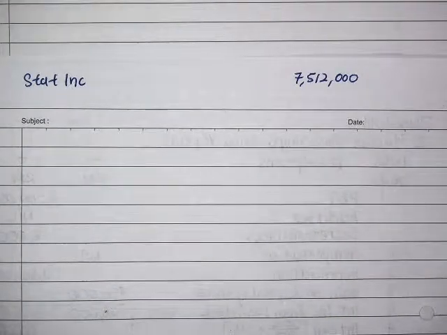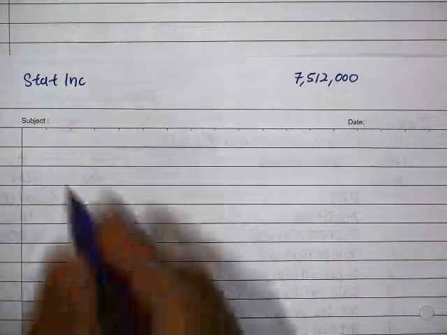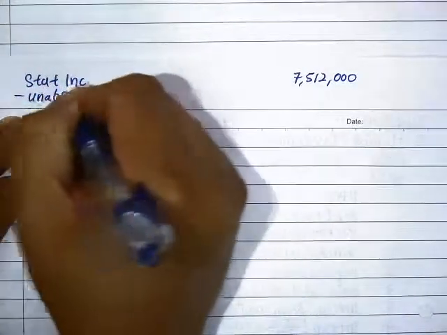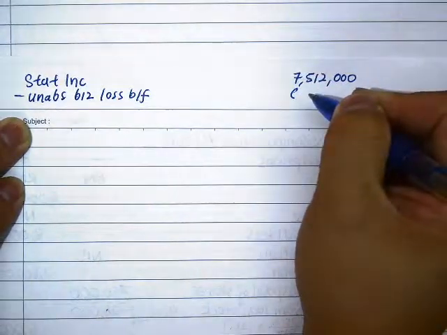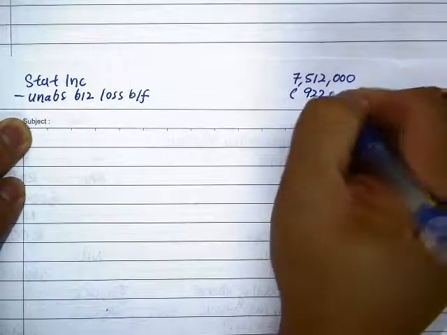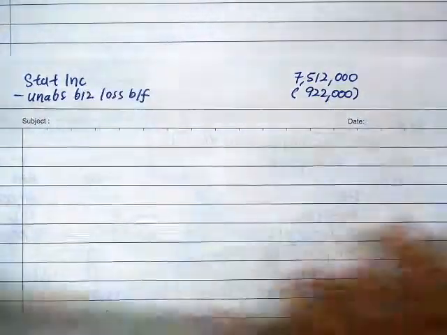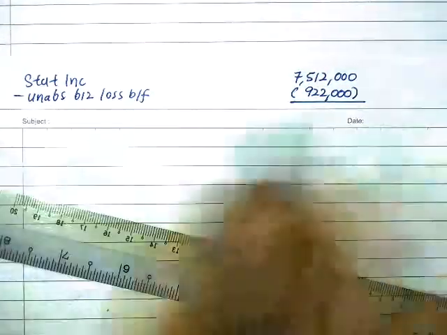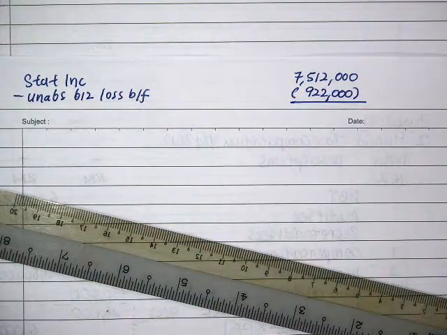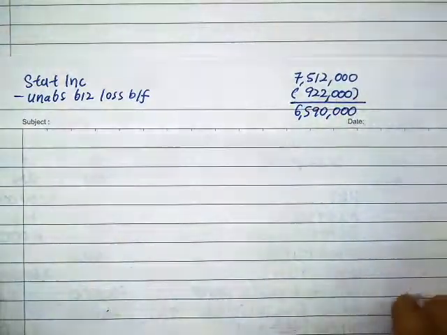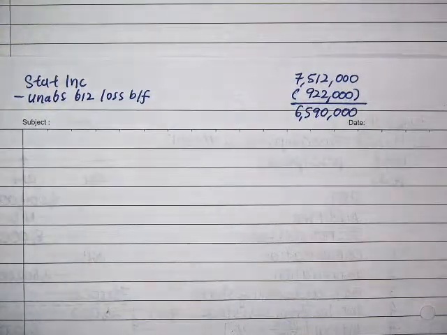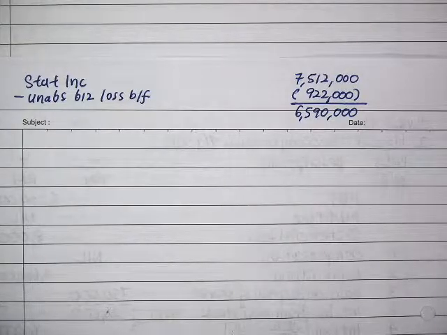Remember they mentioned you have an unabsorbed business loss in note 17. Unabsorbed business loss brought forward, which is 922. So 6590, that's your net business SI.